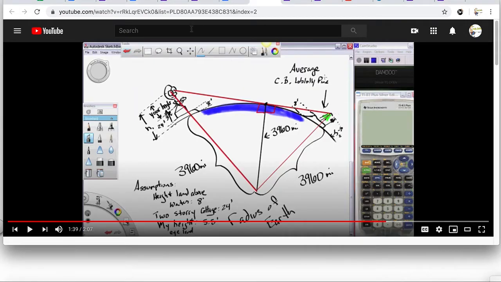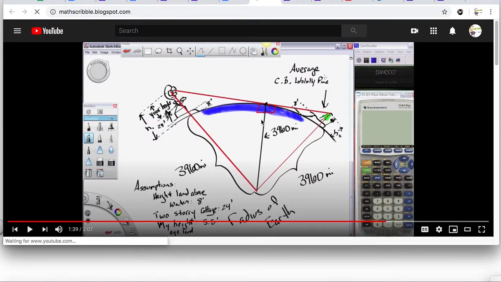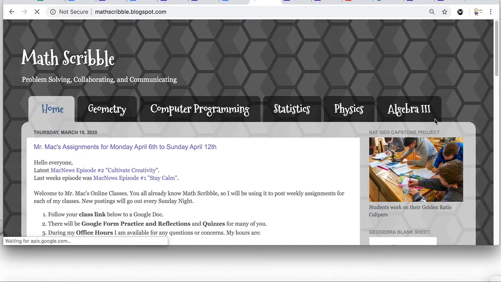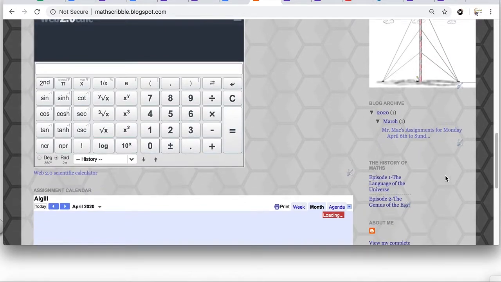So let's shoot over to Math Scribble here, and here's my calculator. 38 divided by 5280.